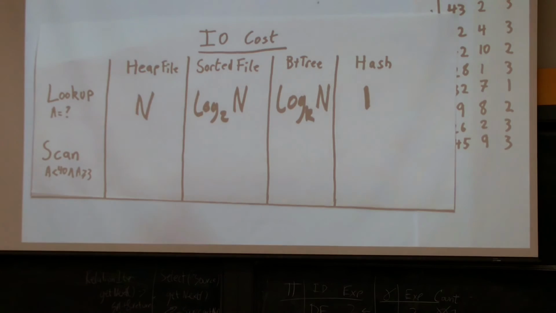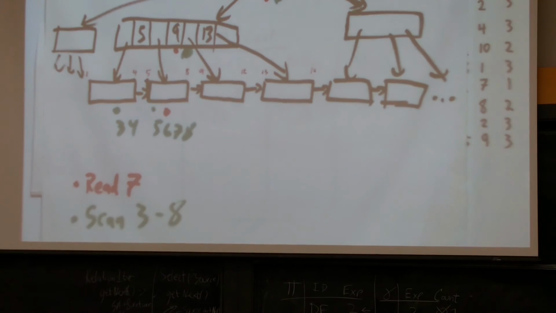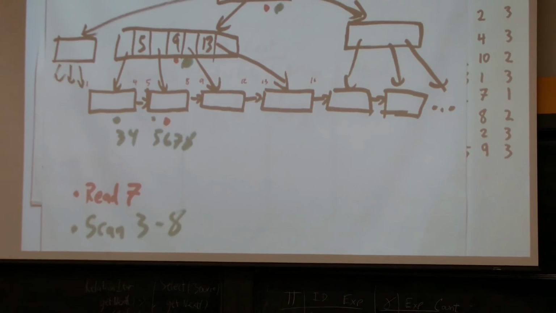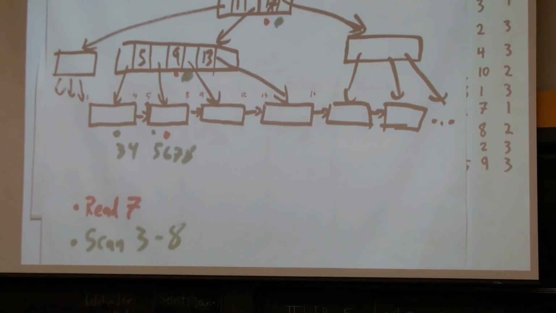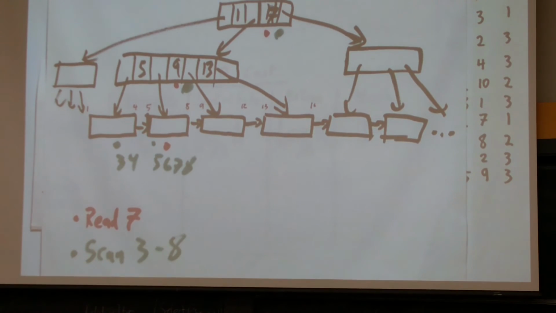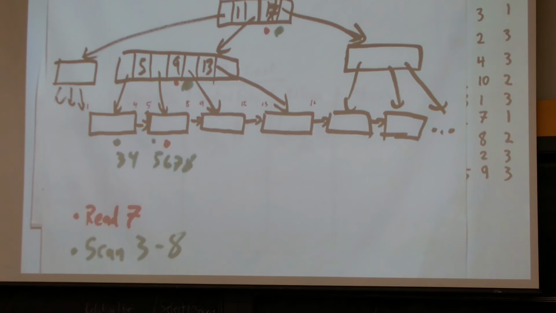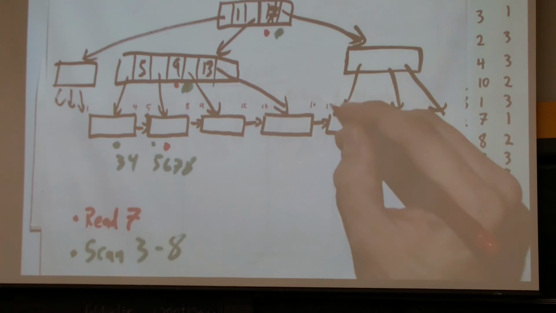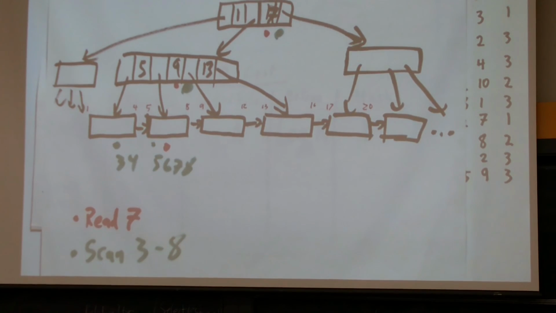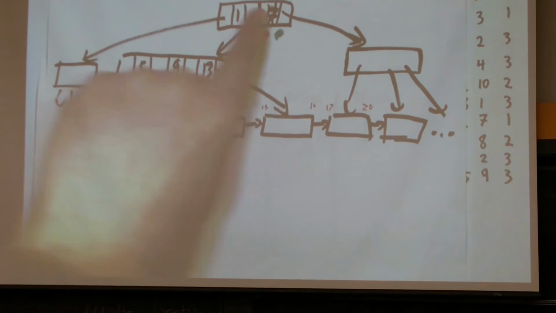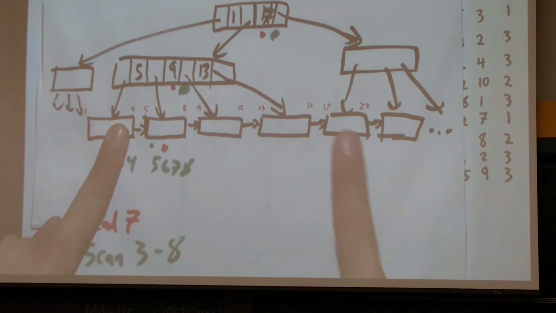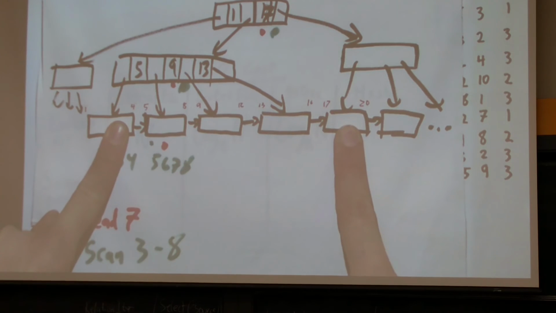Do a quick example here. So let's say I wanted to find 3 to 19. So I'd find the beginning, that's here. I'd find the end, that's here.